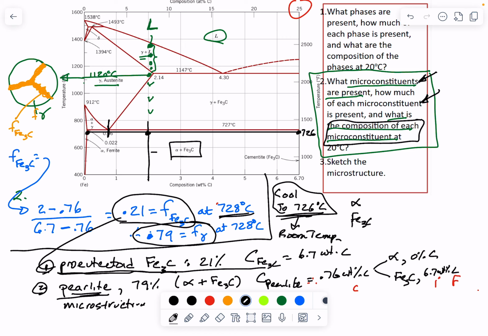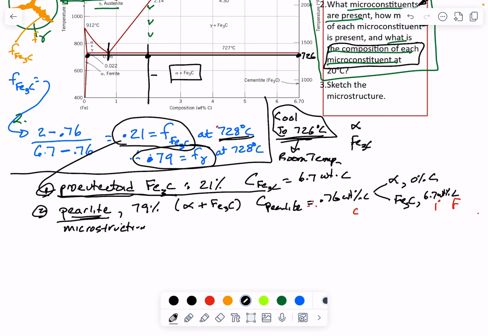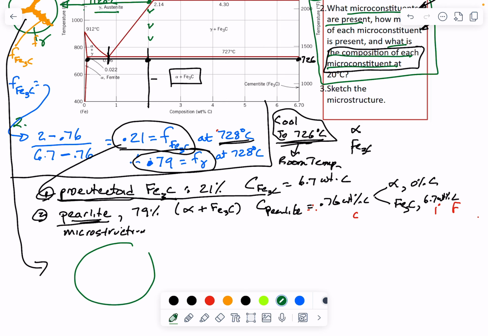All right, and the very last thing we need to do is to sketch the microstructure, and this is where it kind of all makes good sense to me. So to do this, I'm gonna kind of redraw this down here because it will help us see what happens, right? So if you remember, we started off with 3 large grains of austenite, and then we nucleated about 21% of it, exactly about 21% of it turned into Fe3C, which was the proeutectoid Fe3C.